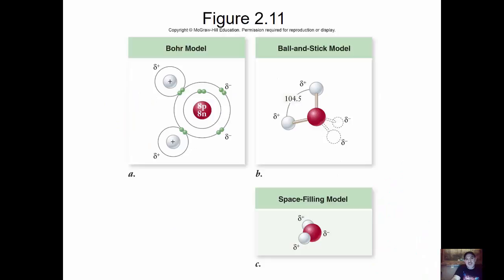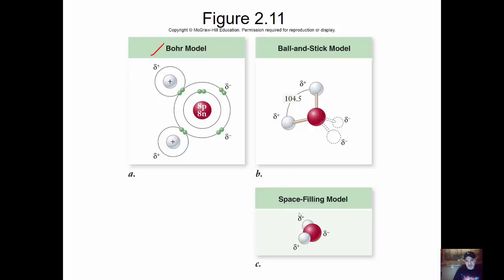Here are different models representing the water molecule. I already drew it for you earlier. Here's a Bohr model up on the top left, and here you see the partial positive of the hydrogen, and then the nucleus of the oxygen with its electrons, partial negative. Here's a ball and stick model, also showing that water has an angle.